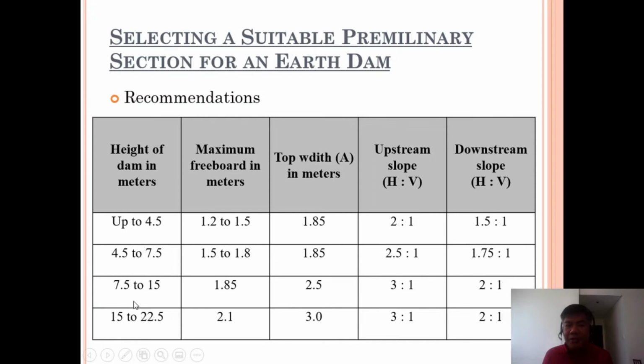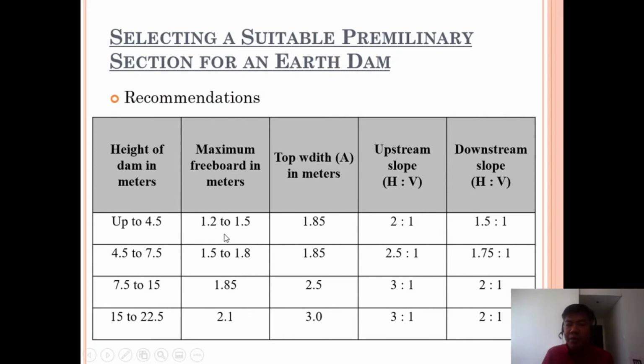The first column is the height of the dam, then you have the maximum freeboard in meters, then the suggested top width, then the upstream slope and the downstream slope. For an earth dam, it could be here up to 4.5 meters in height, more than one story of a building, almost one and a half.